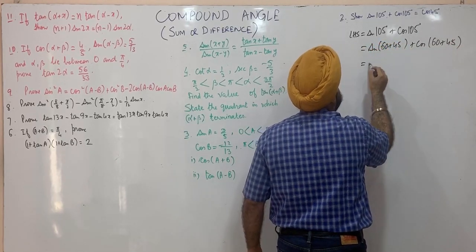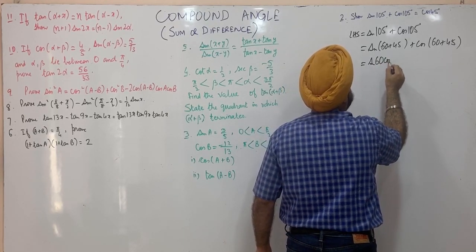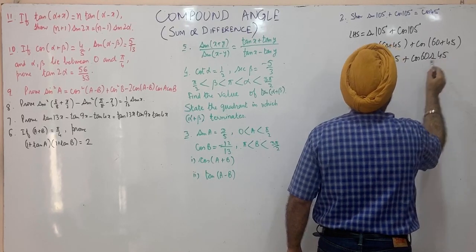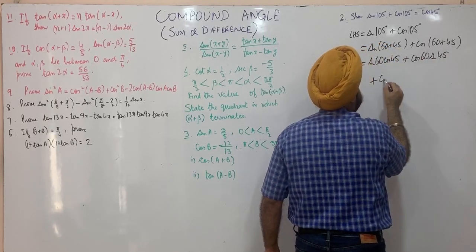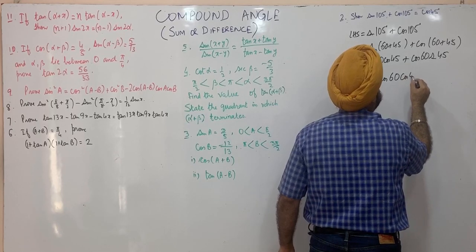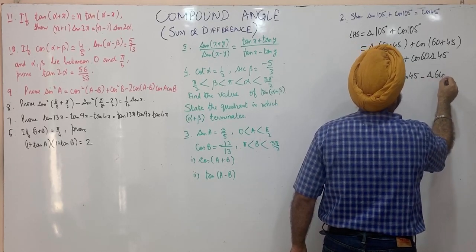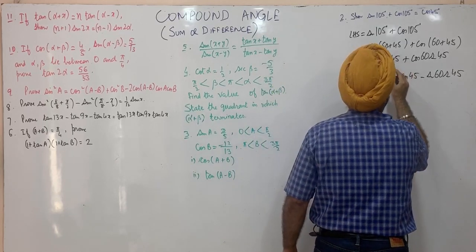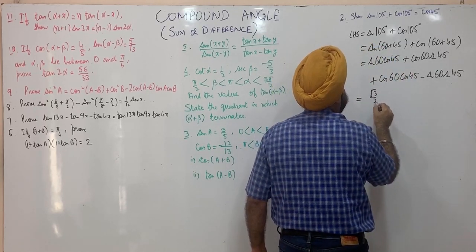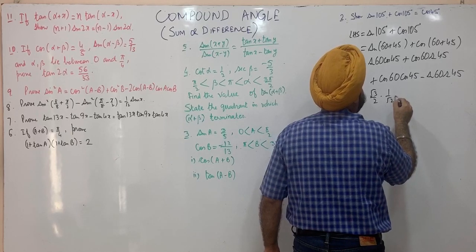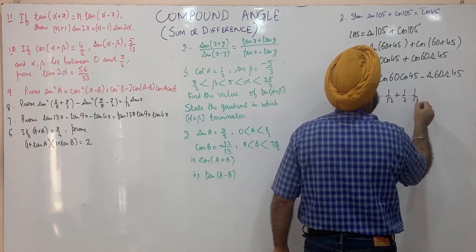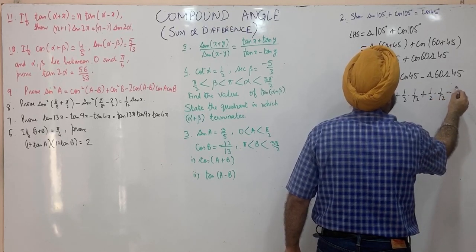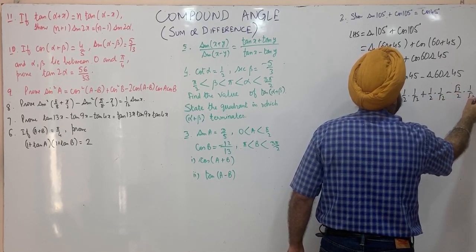Then sin(A plus B) is sin A cos B plus cos A into sin B, and cos(A plus B) is cos A cos B minus sin A sin B. Sin 60 into cos 45, this is root 3 by 2 into 1 by root 2, 1 by 2 into 1 by root 2, this is 1 by 2 into 1 by root 2, root 3 by 2 into 1 by root 2.